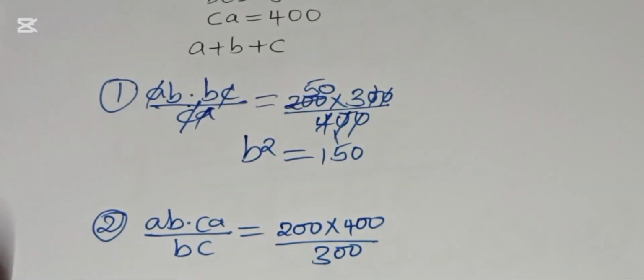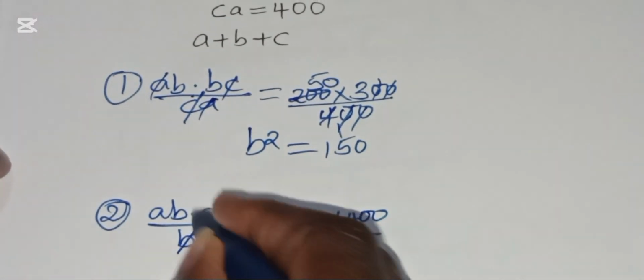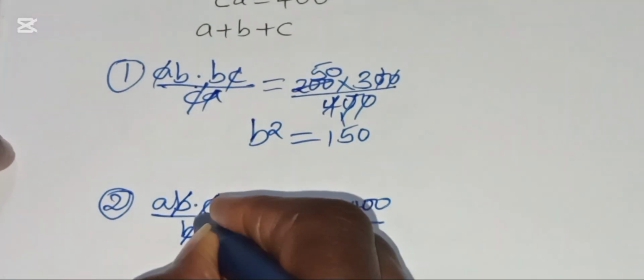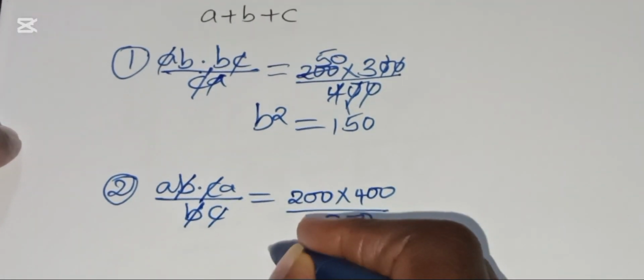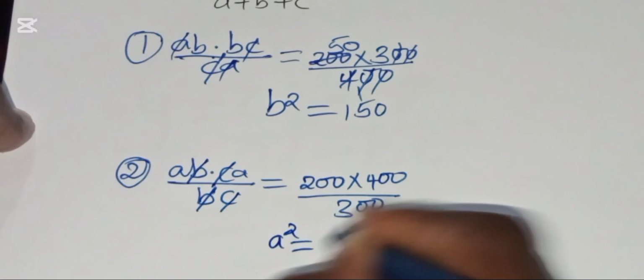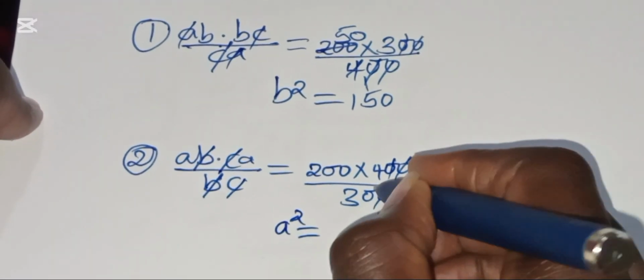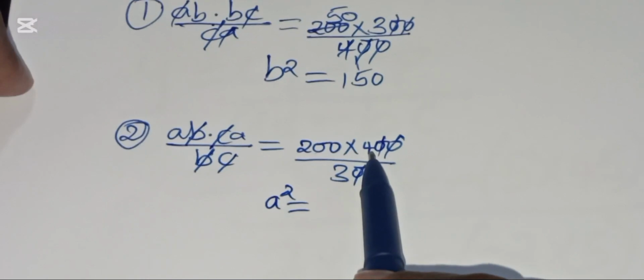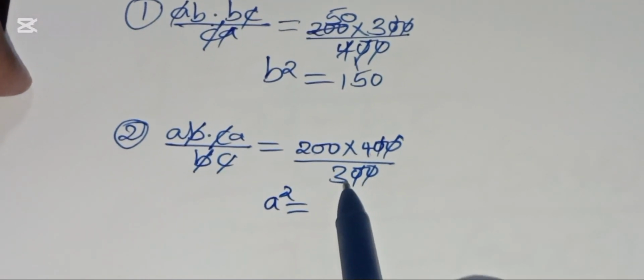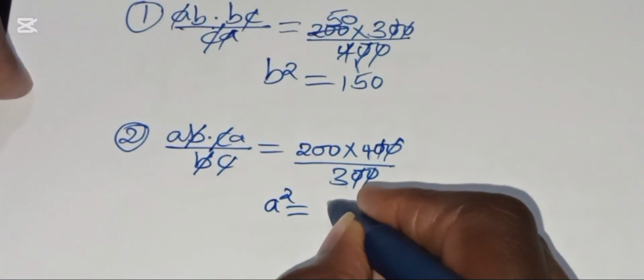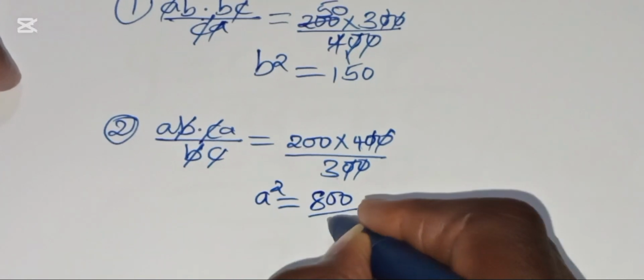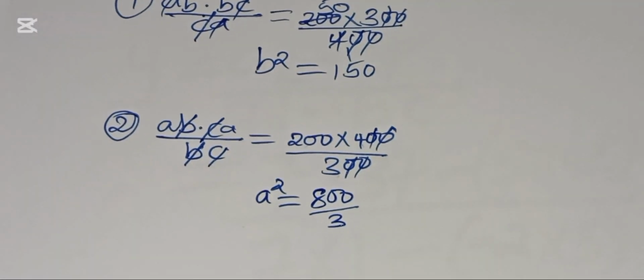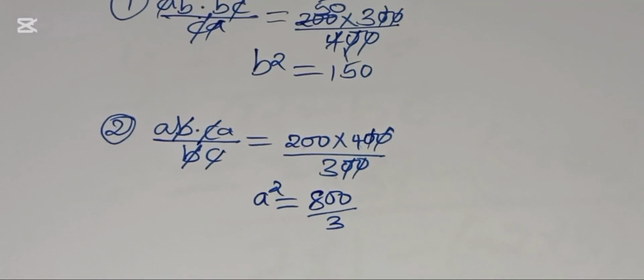From here we simplify, so that you're going to have a times a, which is a squared. You also simplify here, so that you're going to have 200 times 4 divided by 3. 200 times 4 is 800, divided by 3. So that is the value of a squared.